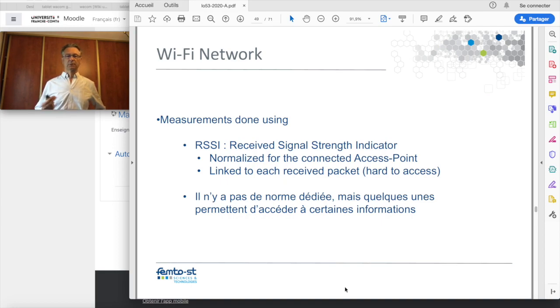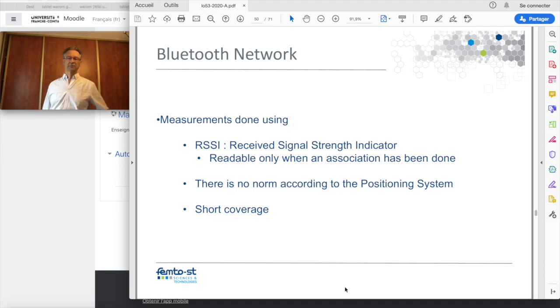It's not very easy to do it on some devices, it is not allowed. There is no norm to do that. It's not dedicated.